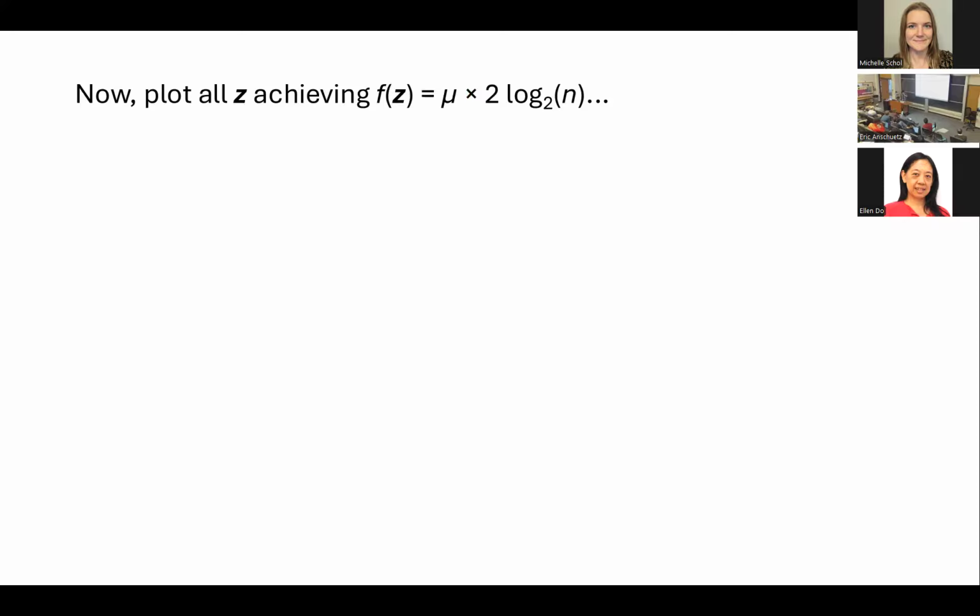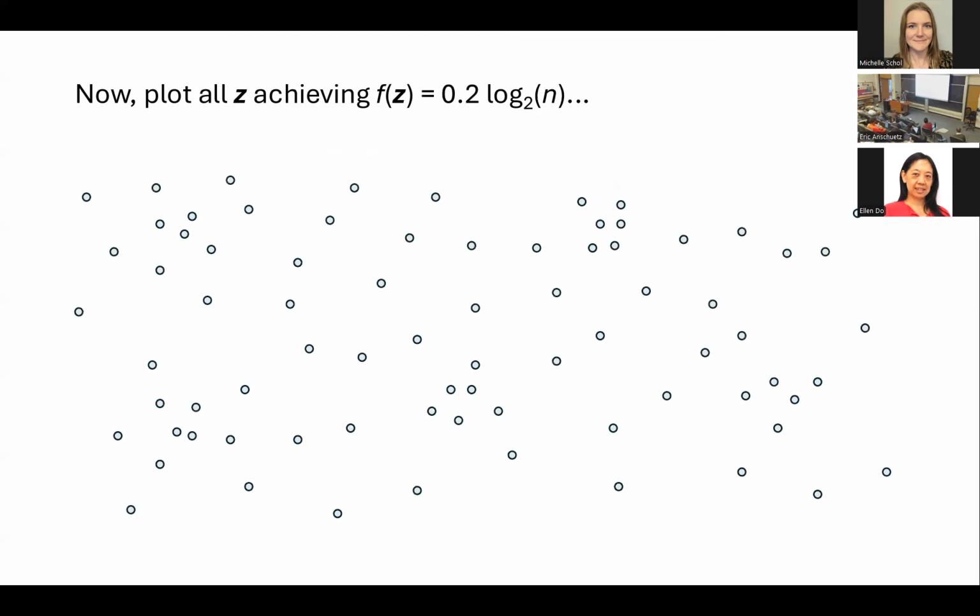And to show why this is hard, I'm going to do a kind of funny thing. I'm going to look at all bit strings that achieve some approximation ratio mu to this problem. Just as an example, if mu is really small, I expect many, many bit strings to achieve this approximation ratio. It's a very low bar to achieve.